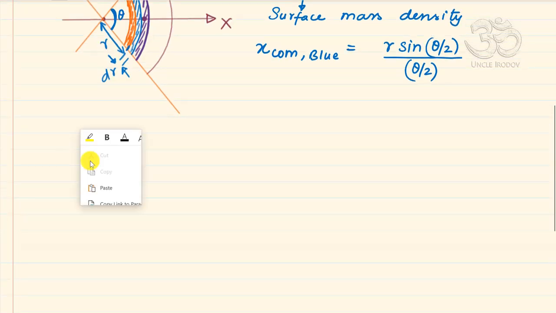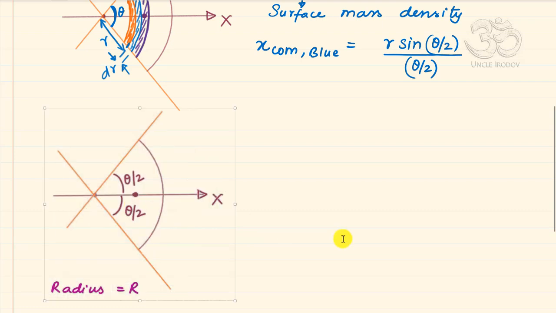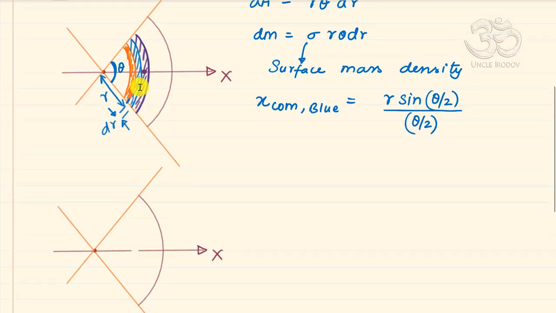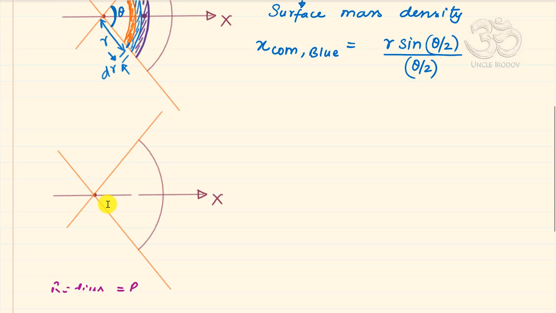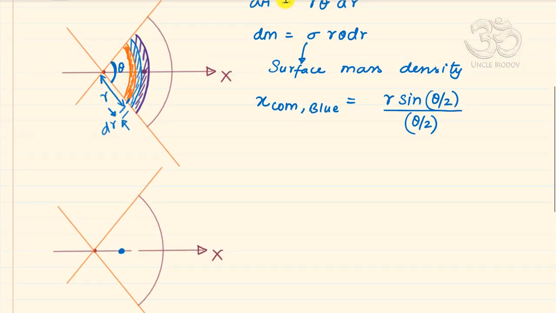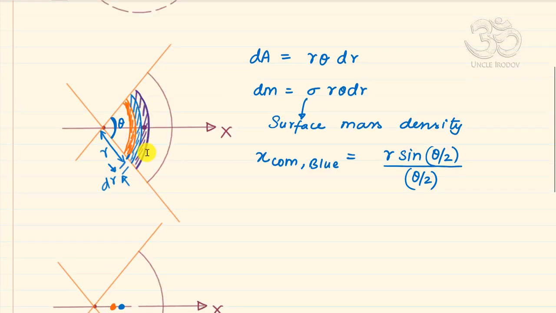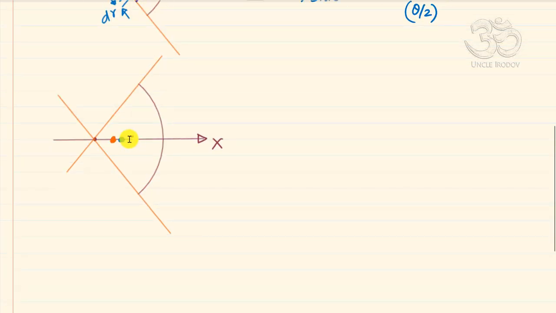If I just show you what is happening here, I'm going to erase that blue element, and this blue element will be shown as a point mass here, and the orange element can be replaced as a point mass somewhere else, and this dark violet element here can be replaced as a point mass somewhere else here. And then I have a series of masses all lying on the x-axis, and I have to find out their center of mass.